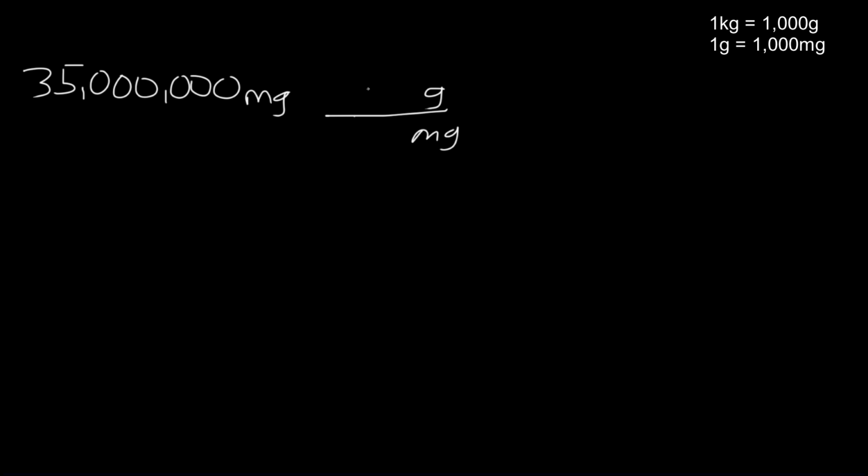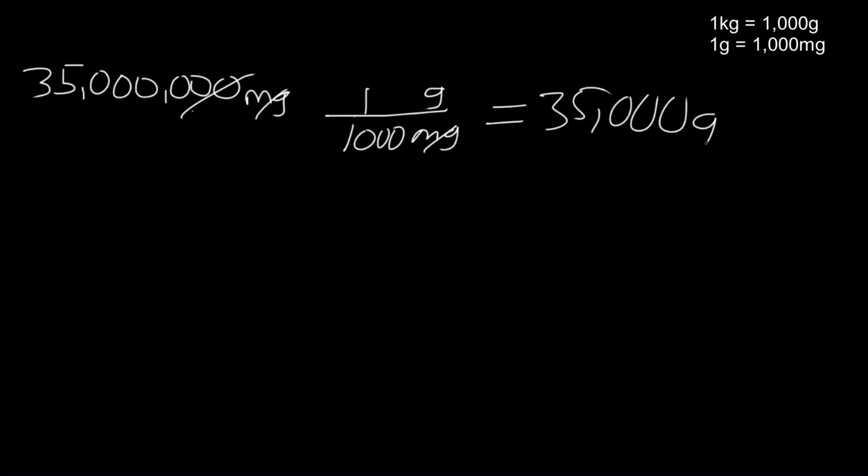If I have 1 gram, I have 1,000 milligrams. So I'm going to multiply by 35 million over 1 over 1,000, which is essentially dividing by 1,000. So I cross out the milligrams, I'm left with grams. I'm going to cross out these 3 zeros, and I'm left with 35,000 grams.